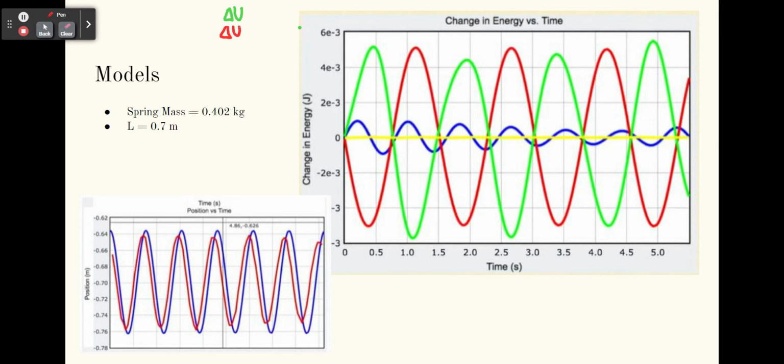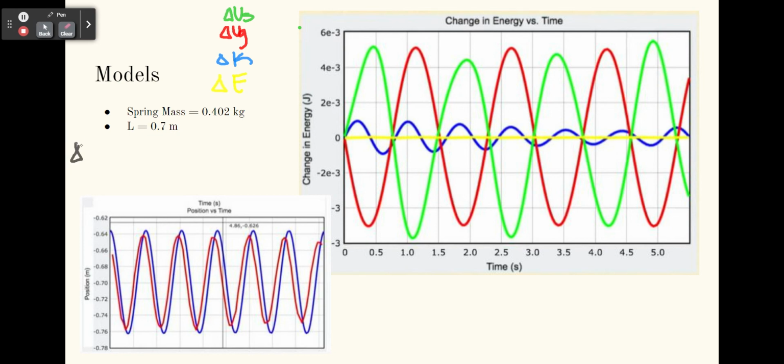Specifically, our red line is going to be our potential gravitational energy, and our green line is going to be our potential spring energy. Our blue line represents our change in kinetic energy, and our yellow line is going to represent the change in total energy in our system.